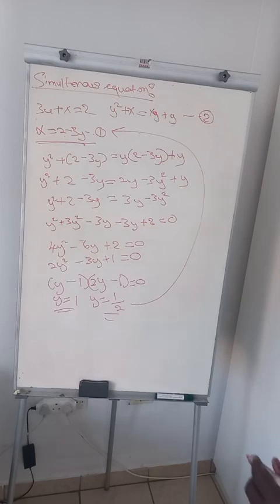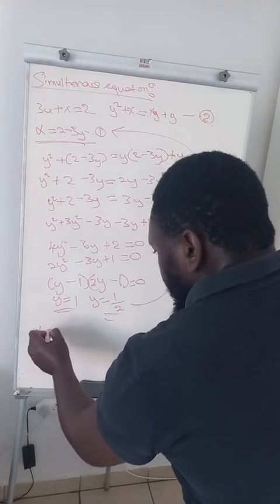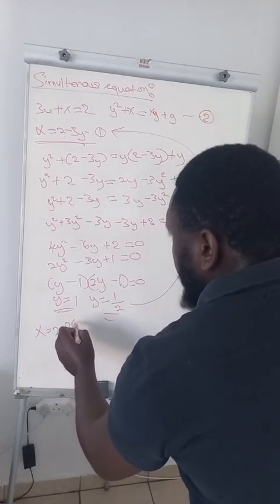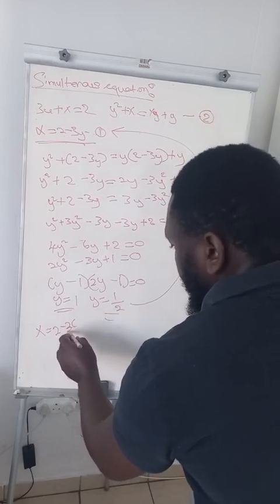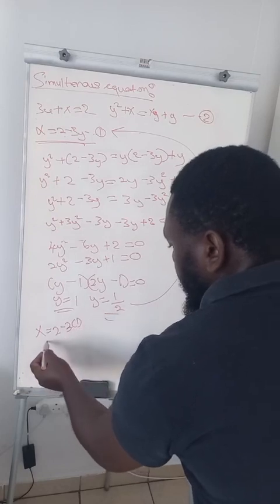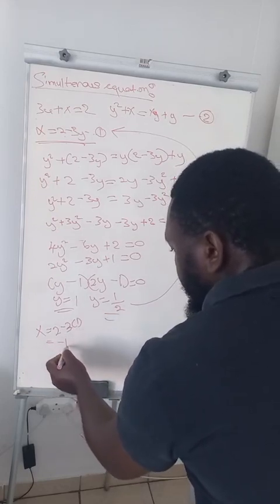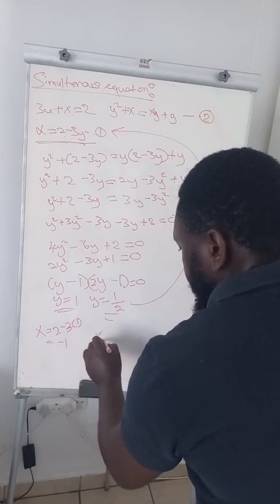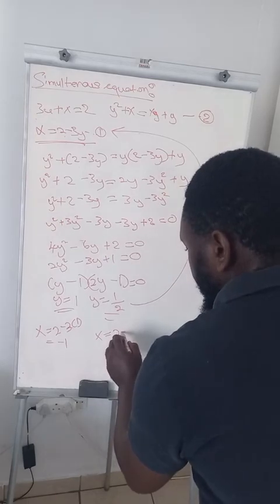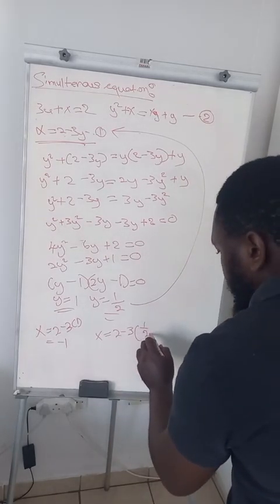So it means I'll start by saying x is equal to, this will be 2 minus 2, then where there is no, this is a 3, and then where there is a y, you'll get 1, and then is equal to, this is 2 minus 3 to just give us a 1, and then here you'll have x is equal to 2 minus 3 into 1 over 2.